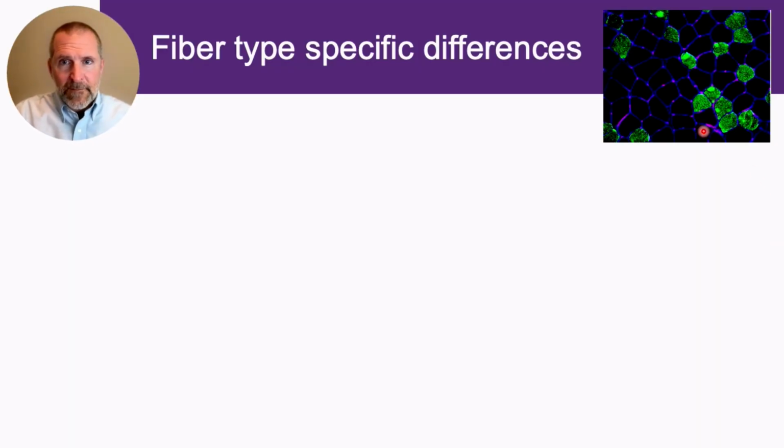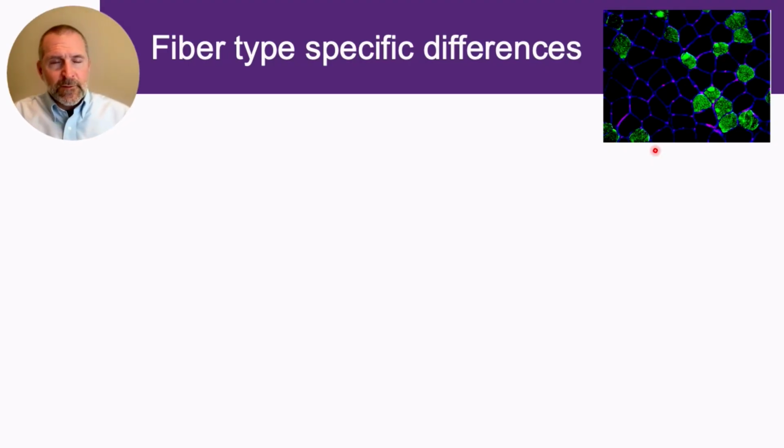Again, another schematic here. This is an immunofluorescence image with different fiber types, the green being slow twitch fibers, the white being fast twitch fibers, and the pink dots denoting the capillaries.